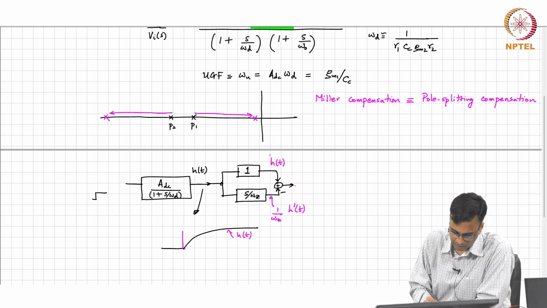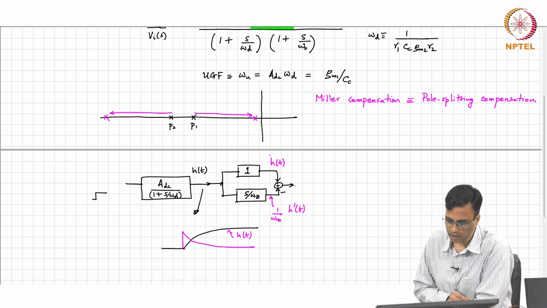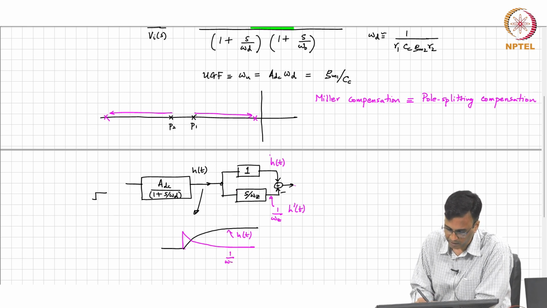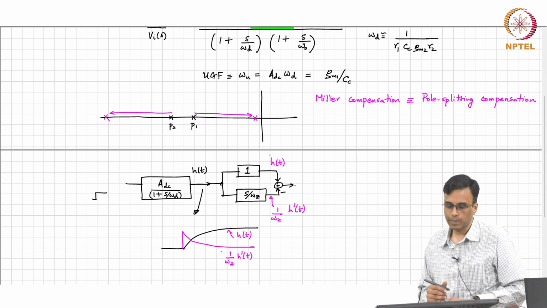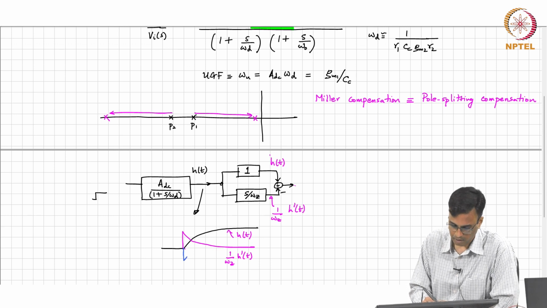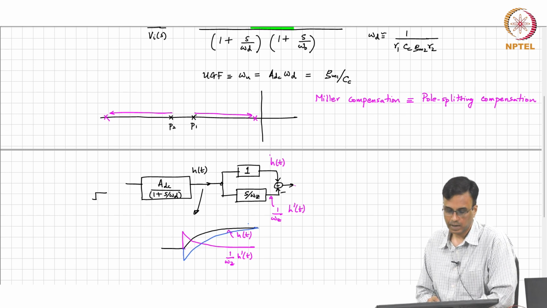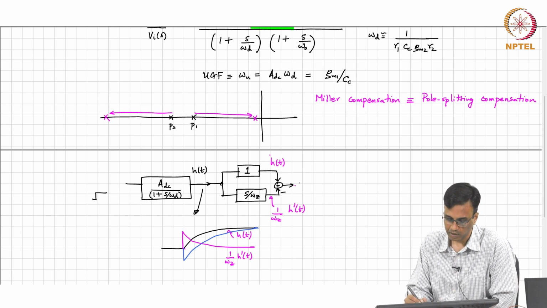It will just do this, with some constant which is 1 over omega z. Now if I subtract the two, what will happen? First we will go negative, then it goes positive. That is basically the waveform that you see here.